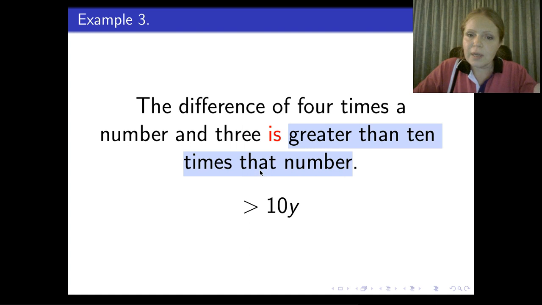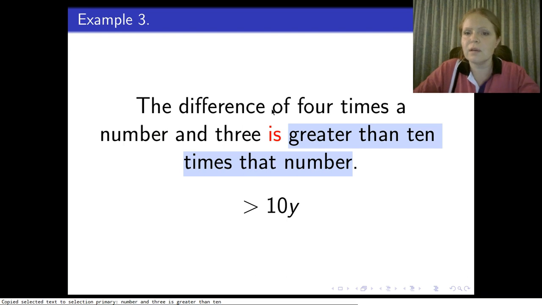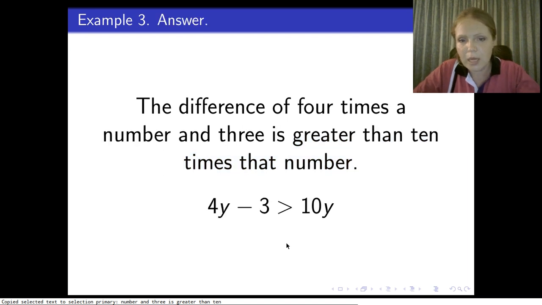That number is related to the variable you already met on the left side, so that number is y: 10y. And the answer for this mathematical phrase will be 4y minus 3 is greater than 10y.